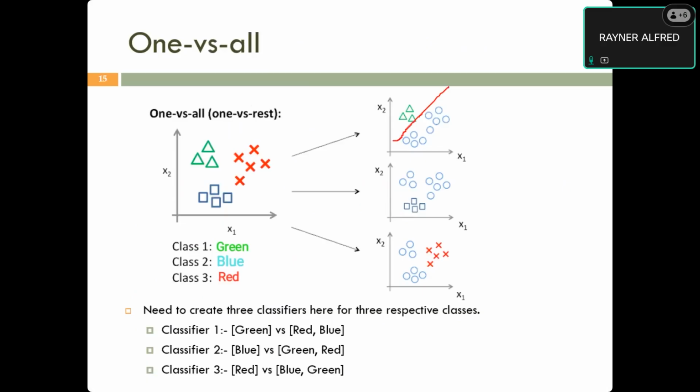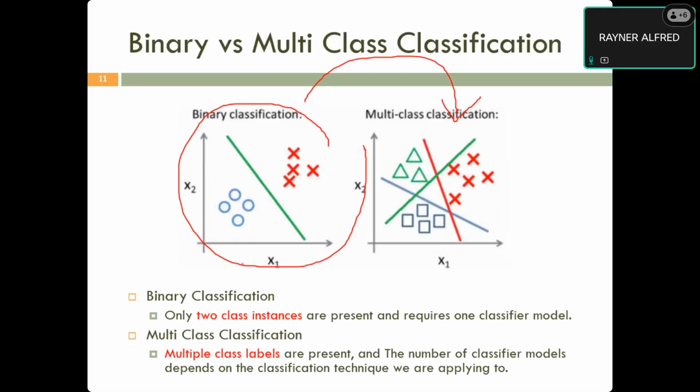Then we take the square one, and then we draw a line here. Then the X, then we can draw a line. Once we have finished with that, we should be able to come up with this, right? So much easier. So this is what we call one label versus the other labels.